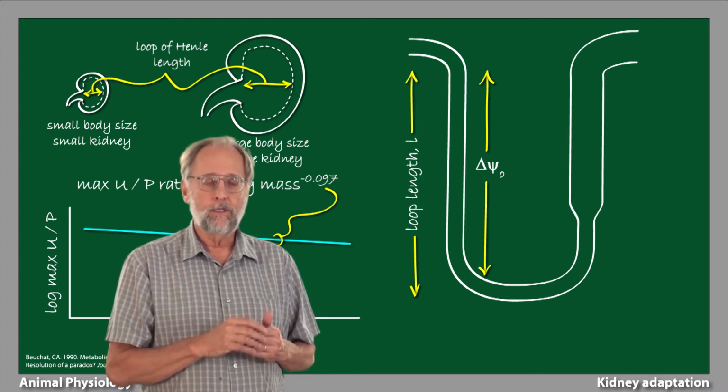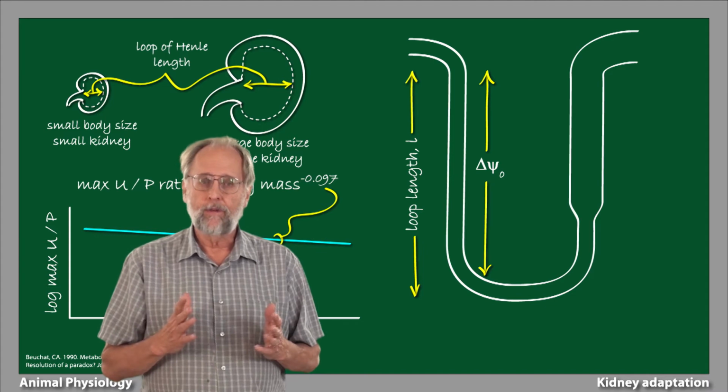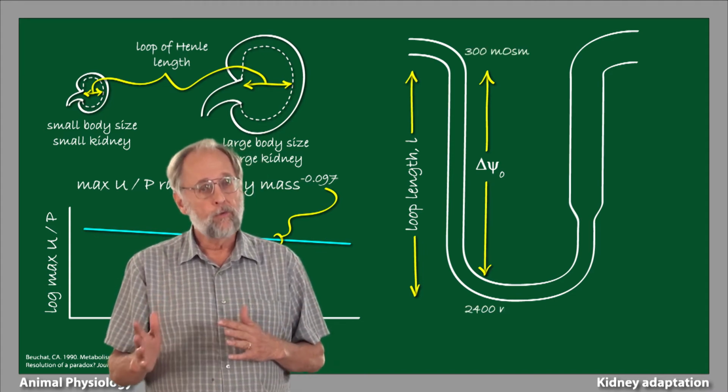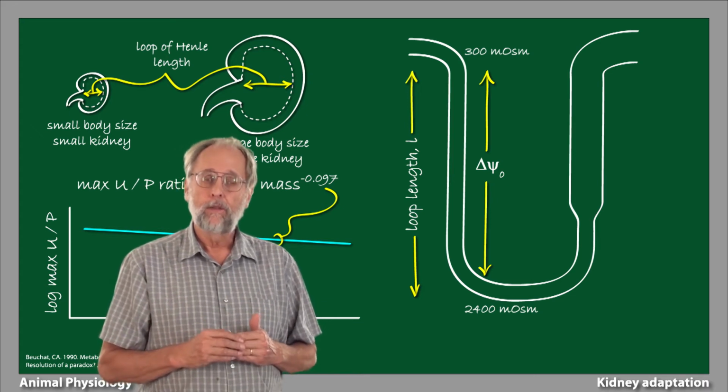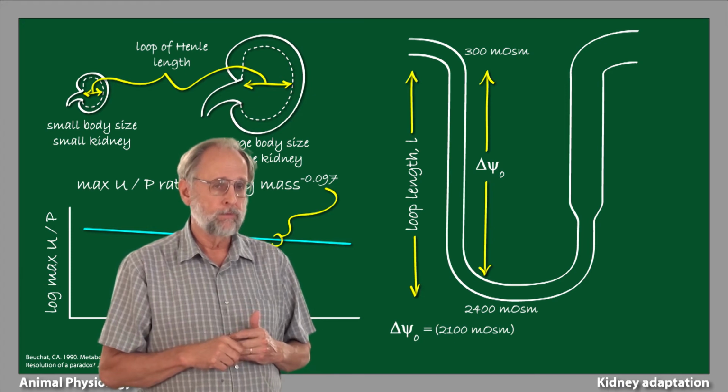We designate such a difference with the Greek letter delta. So, for example, if we have a difference along the loop of 300 milliosmoles at the top and 2400 milliosmoles at the bottom, this is an osmotic potential difference that is 2100 milliosmoles.